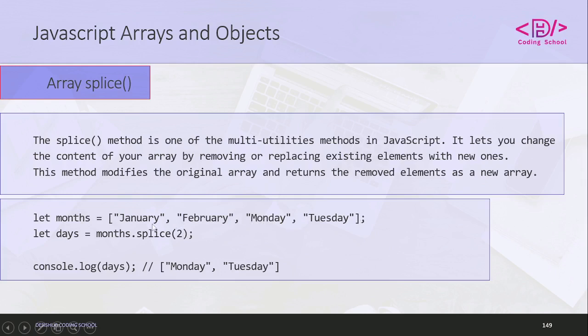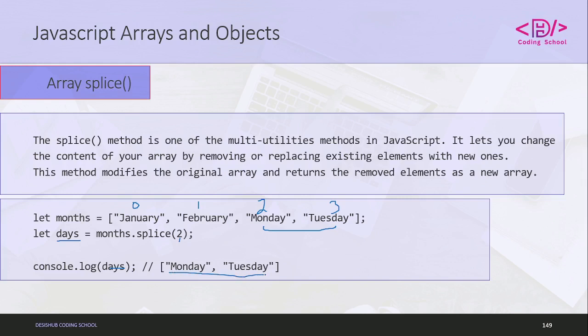If we give these indexes, this is 0, 1, 2, 3. So when you say splice 2, it starts from here and extracts these ones, and you can see it has put them into days. If you console.log days, you get an array of the removed items. So that is the first use case.